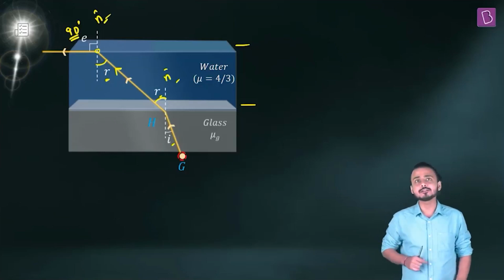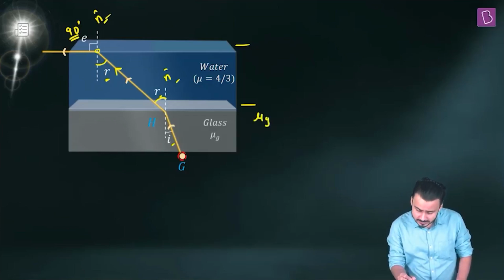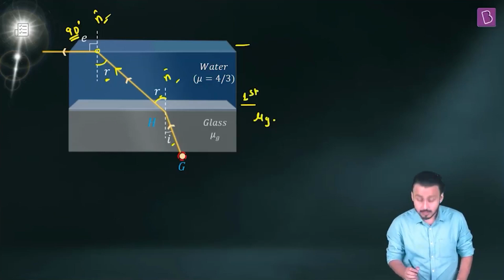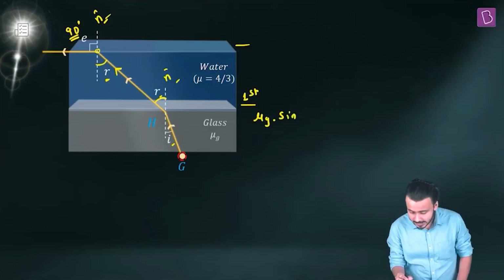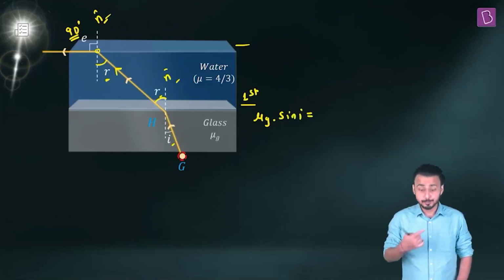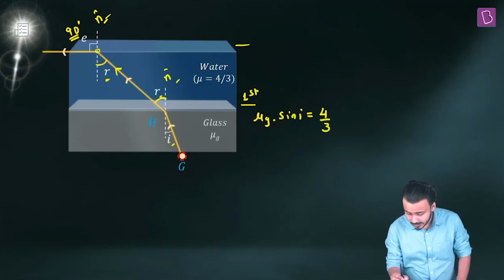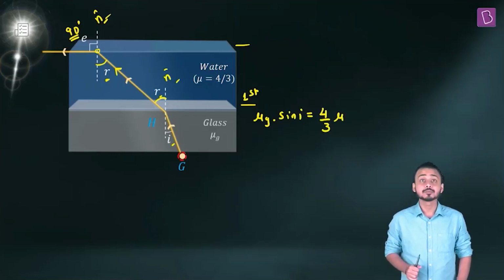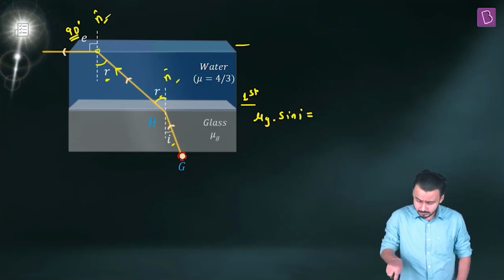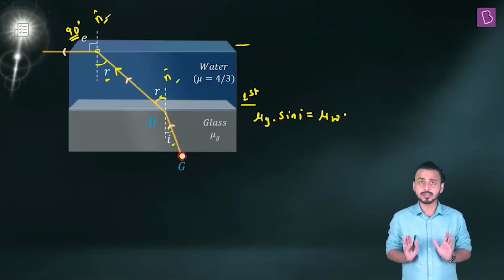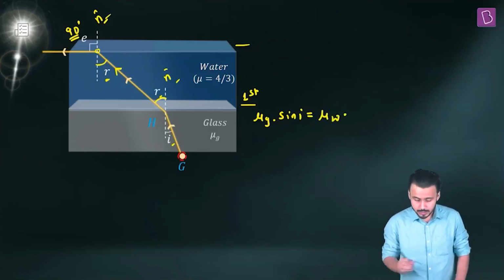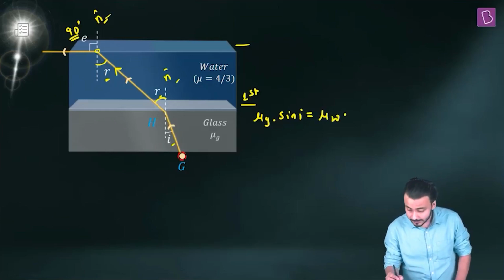Now for the first interface, if we apply Snell's law, what will you write? For the first refraction, mu glass into sine I is equal to mu water, which is given to be 4/3, into sine R, considering the angle of refraction.